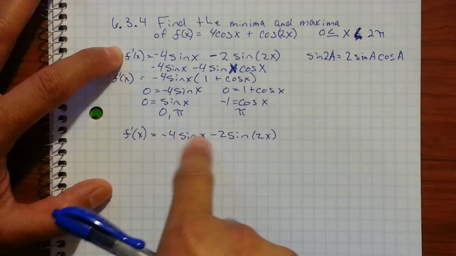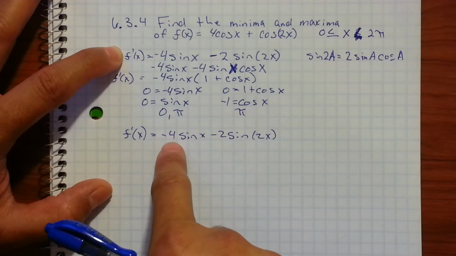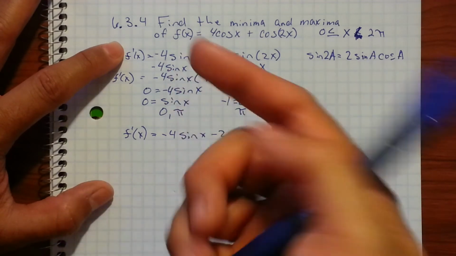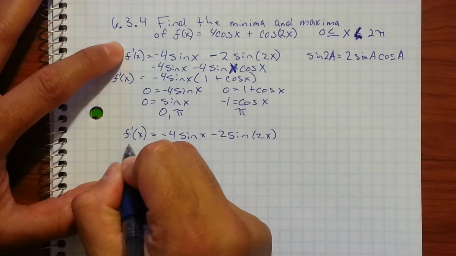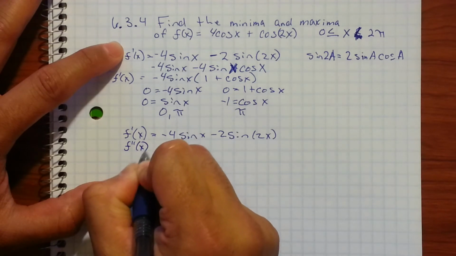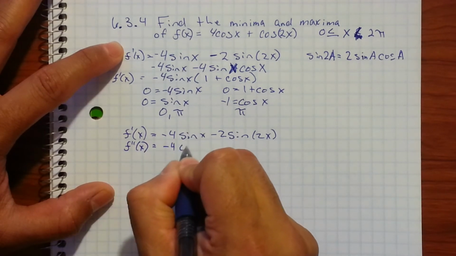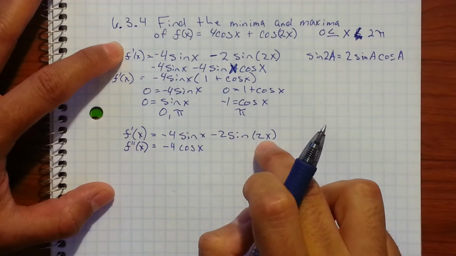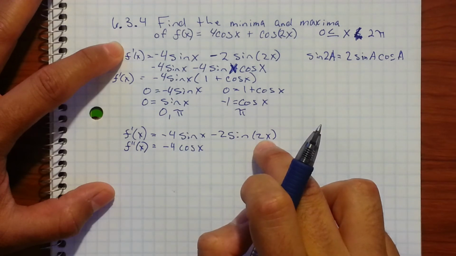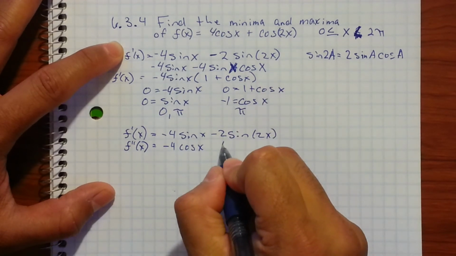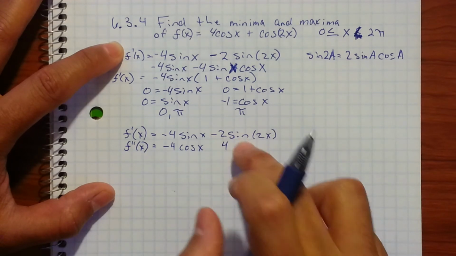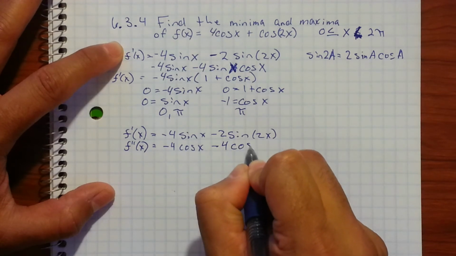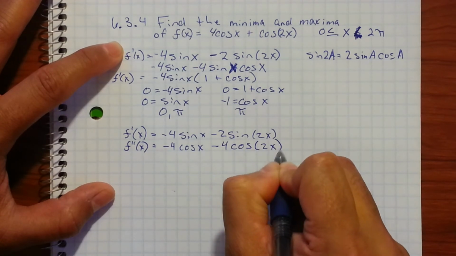The derivative of negative sine is going to give me negative cosine, so the second derivative is going to be -4 cosine x. Now the derivative of this gives me 2, so that's going to make this one 4. The derivative of negative sine is negative cosine, so I write negative 4 cosine 2x.